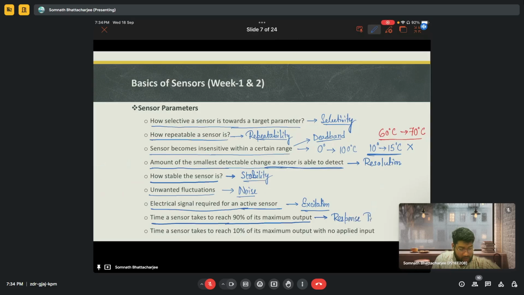So if we are giving, let's say, 20 degrees to a temperature sensor, it should give us the data back immediately, right? But there may be a certain time delay, let's say 2 seconds. In our normal day-to-day thermometers, if we measure the temperature of our body, we need several minutes, 1 or 2 minutes, to read the data from our body as well.